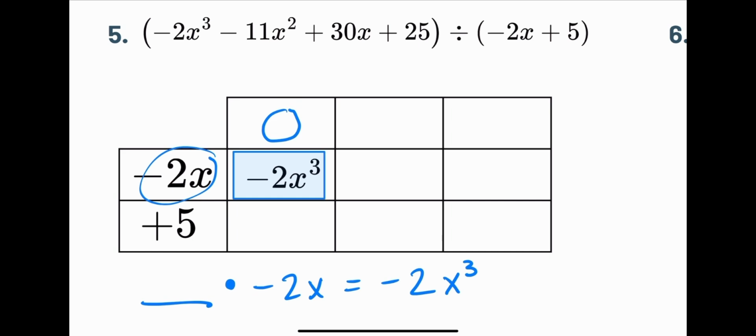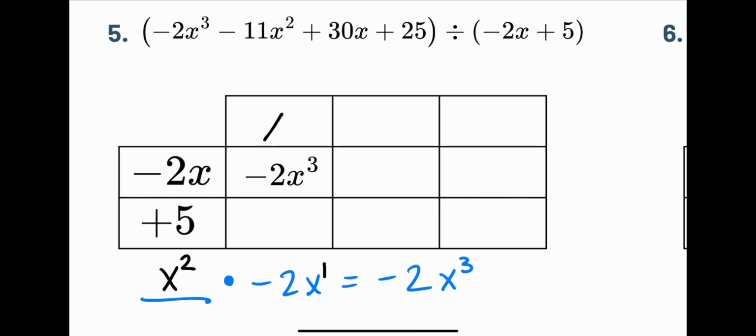I would need another x and I would need second power. According to the product rule, in order to get third power, and you only have first power, you need second, right? 2 plus 1 equals 3 for power rule. So in this box, we are writing x to the second power.